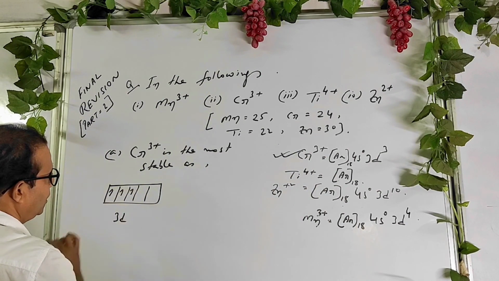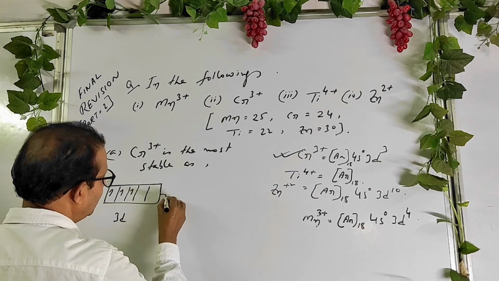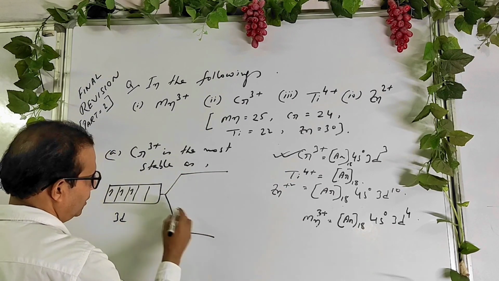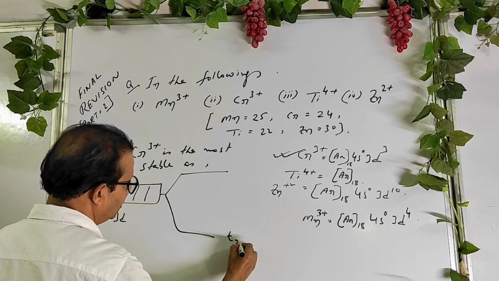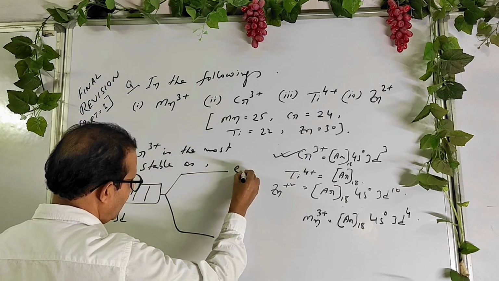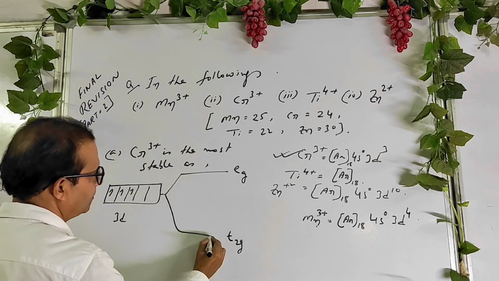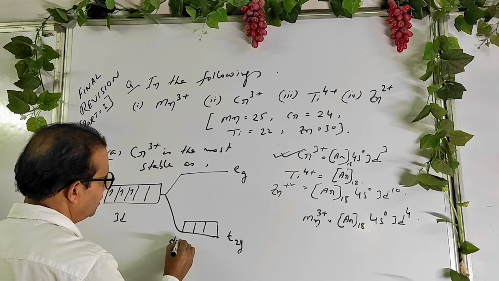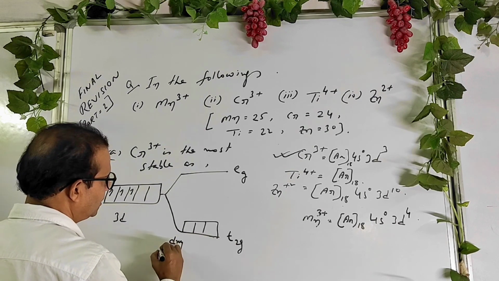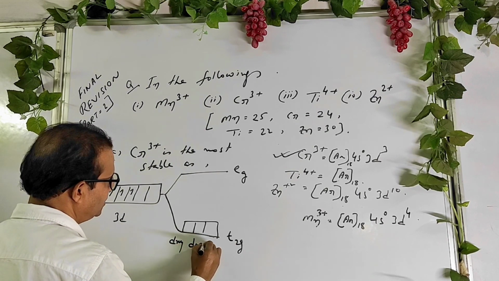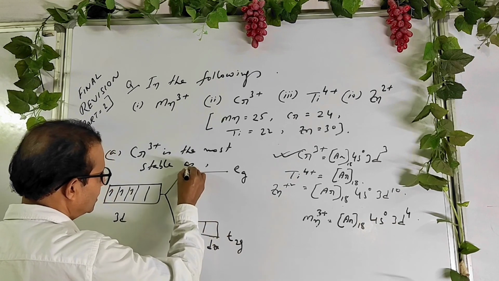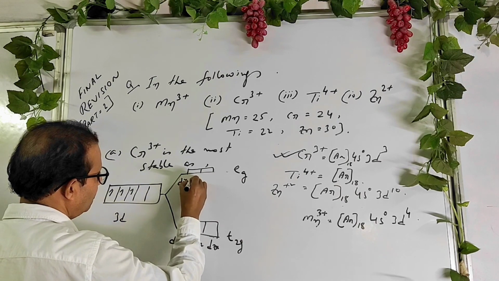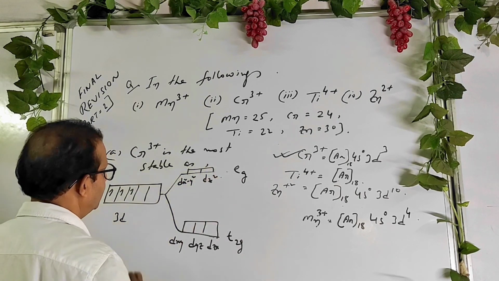You know that according to the spectrochemical series, the lower energy level is called T2g and the higher energy level is called Eg. T2g contains 3 d orbitals, dxy, dyz and dzx, and Eg contains 2, dx square minus y square and dz square.